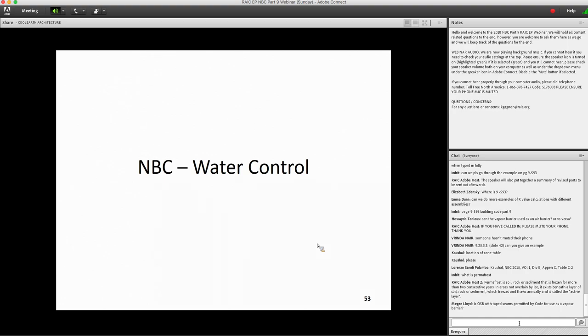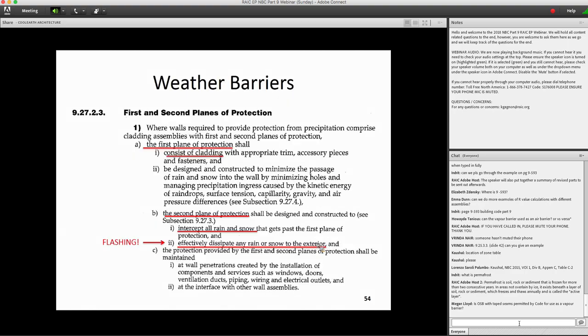These are things that I separated into different control layers. So weather barriers, first and second planes of protection. That's something I showed you guys at the very beginning. Where walls are required to provide protection from precipitation, they comprise cladding assemblies with first and second planes of protection. The first plane of protection shall consist of cladding, very simple.